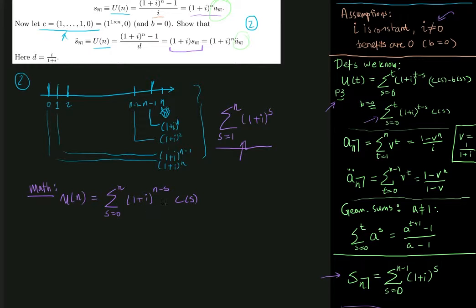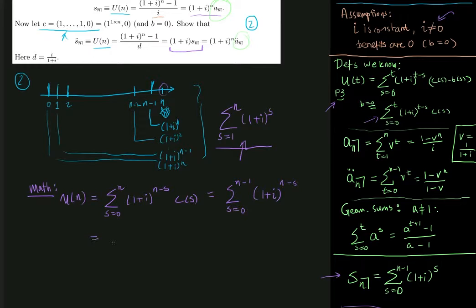And then I notice when s is equal to n, there is no payment c. It's just 0. And for the other time points, it's equal to 1. So this sum is equal to the sum going from s equals 0 up to n minus 1 of (1+i) to the n minus s.